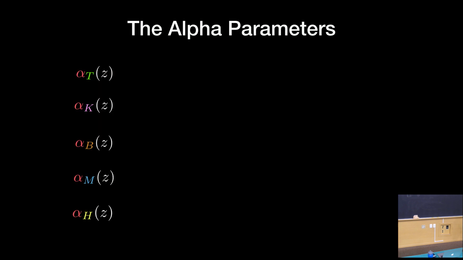Okay, so why do they have these names? The nice thing about these alpha functions is that there are words you can drape around them which tell you what they do, what they mean. So alpha T is T for tensor. It's the tensor excess parameter, and what it does is it controls the speed of gravitational waves.